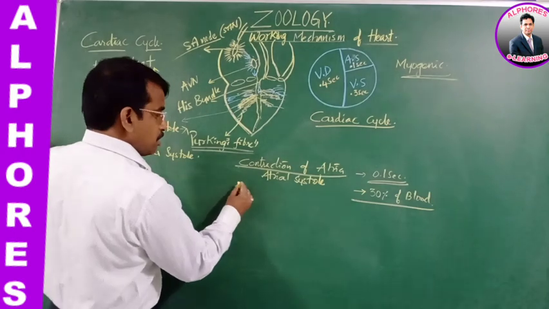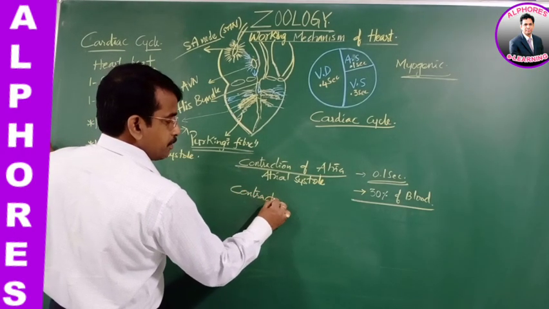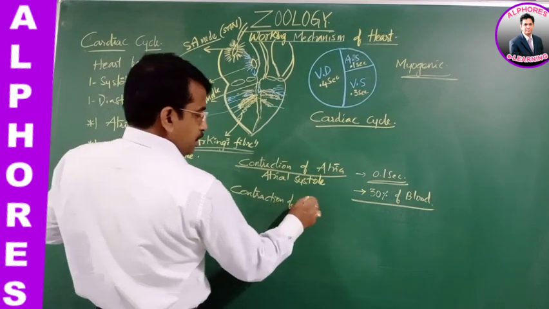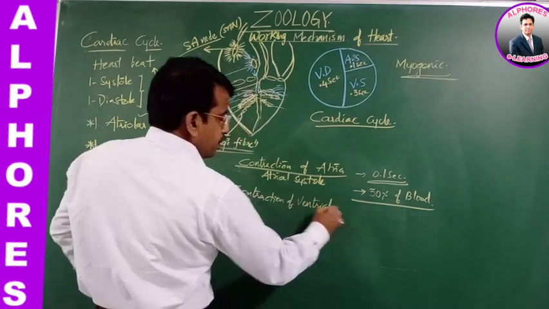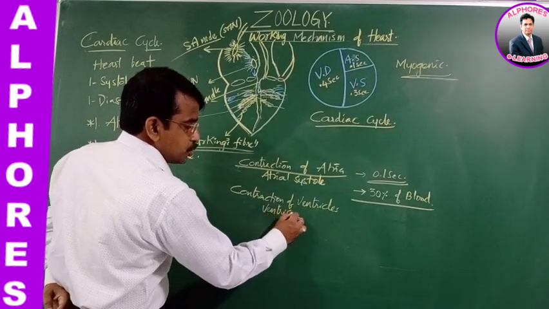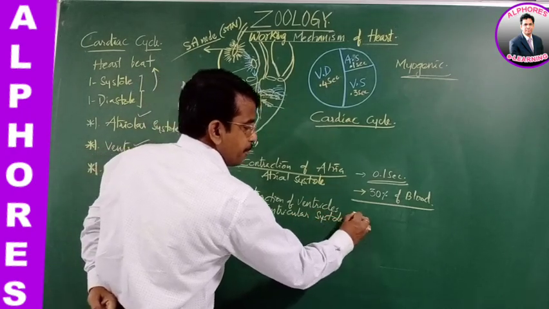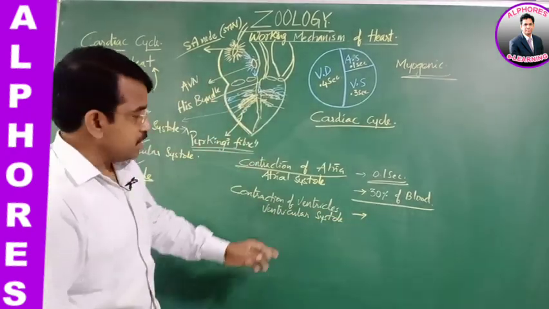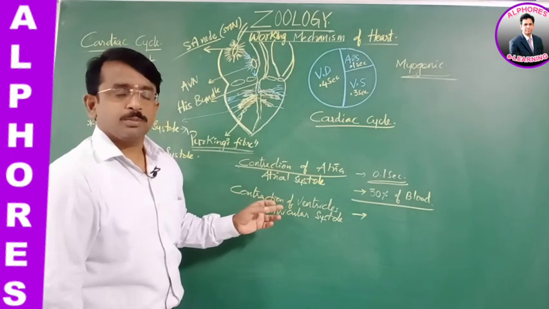This contraction of the two ventricles is named the ventricular systole.